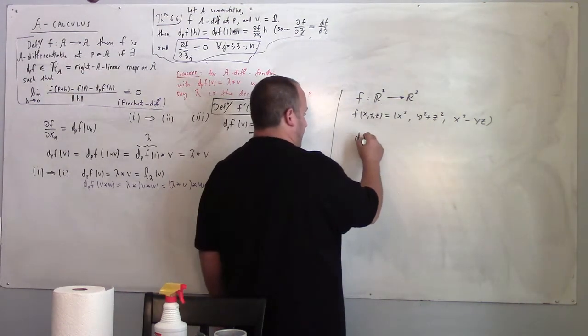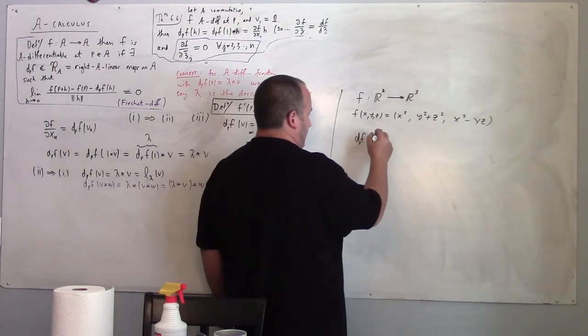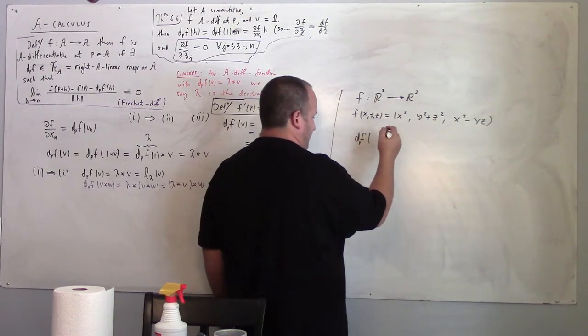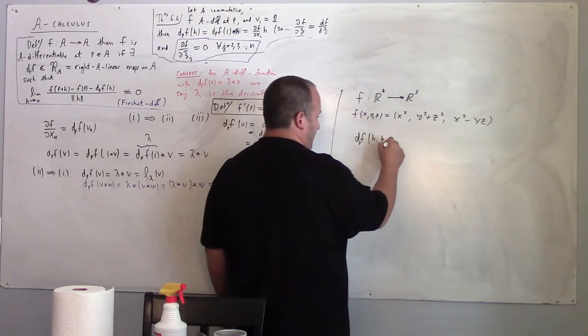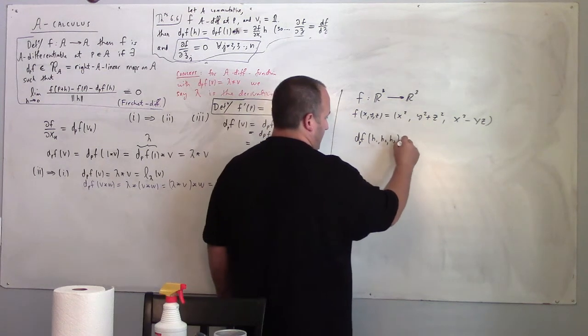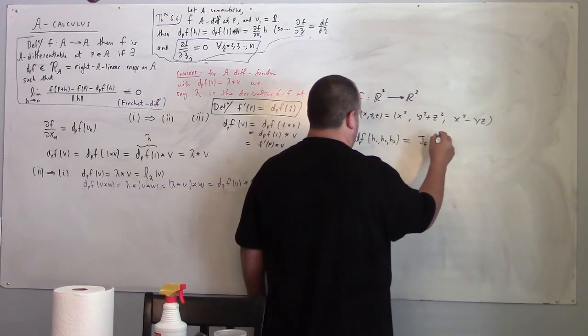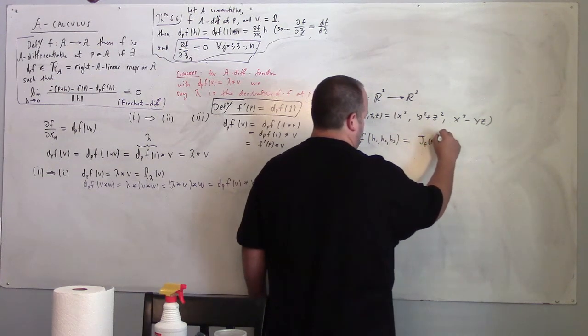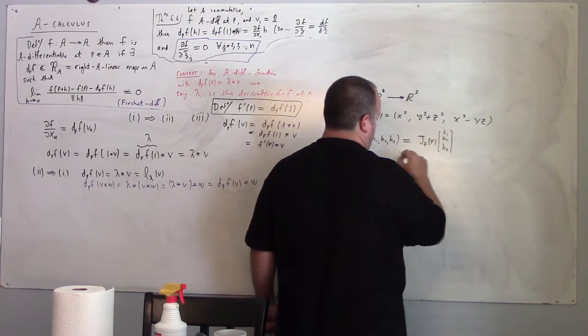The differential of f at some point p, acting on h1, h2, h3, is equal to the Jacobian of f at the point p times h1, h2, h3.